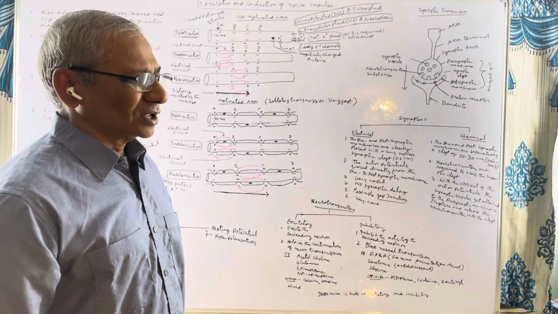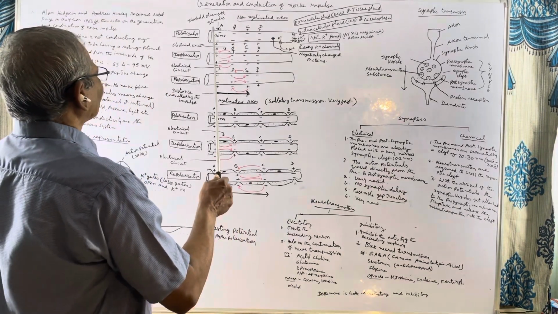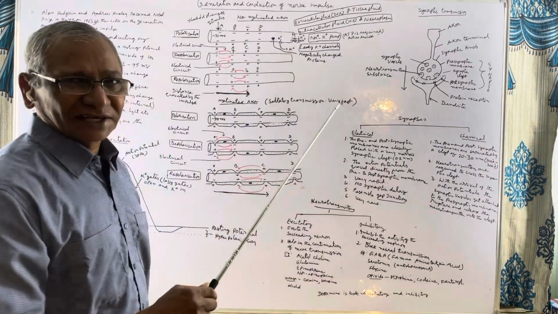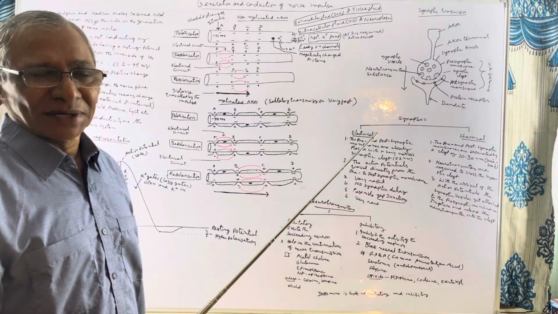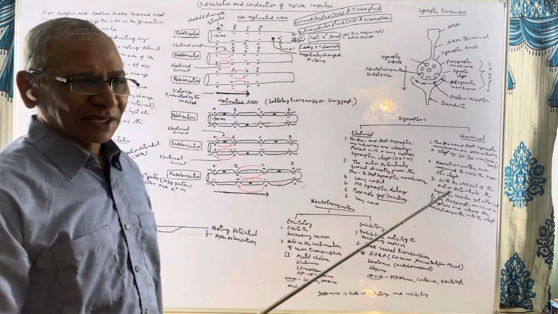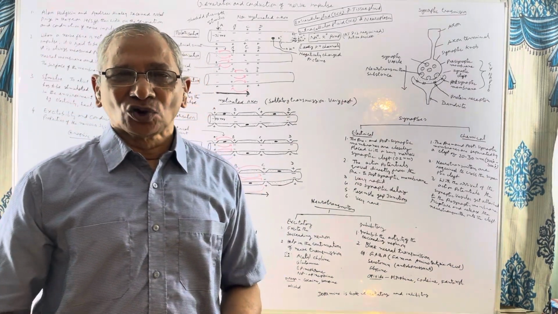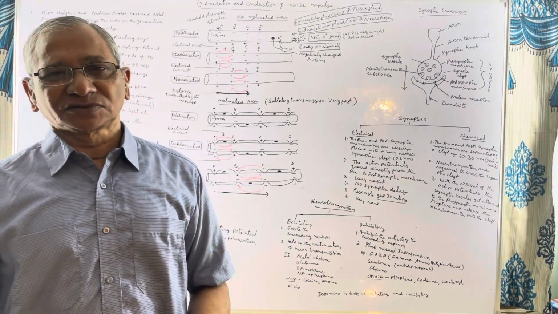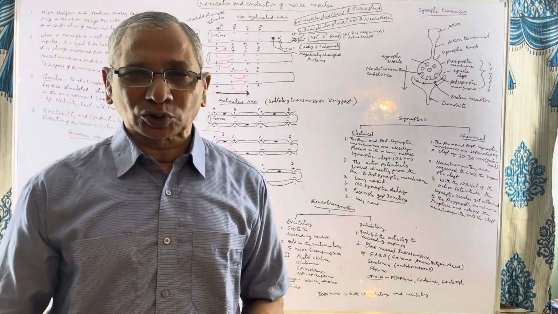So now, let us see that we have applied a stimulus of threshold strength. Then what happens? In the neurolemma, there are some channels known as voltage-gated channels for both sodium ions and potassium ions.